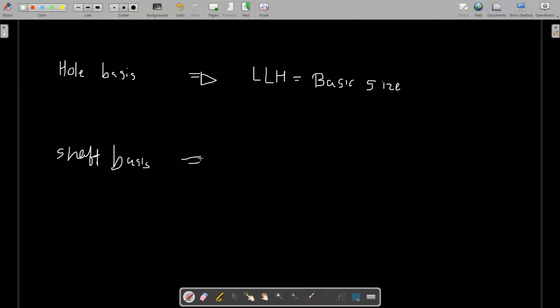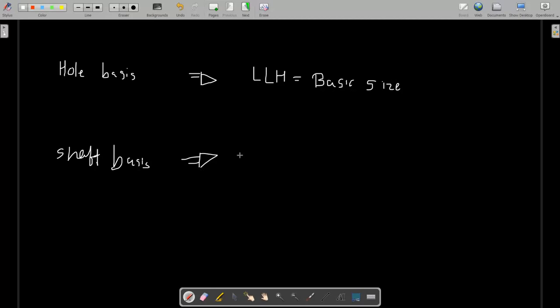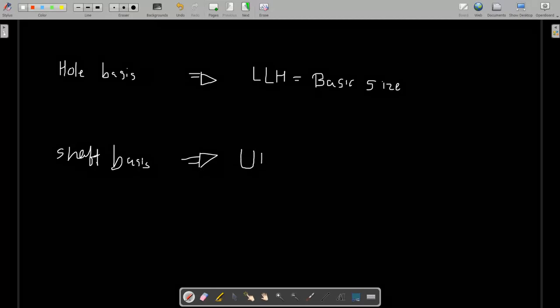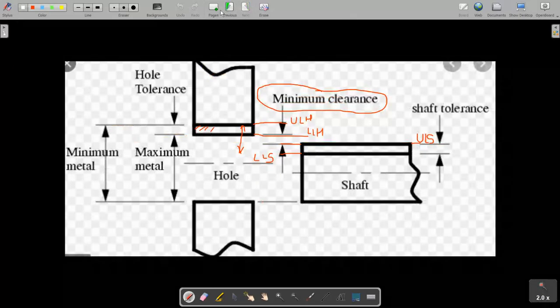And in the shaft basis system, the maximum diameter of the shaft is equal to the basic size. So this is the one thing that you have to be clear about. Now we will solve the numerical.